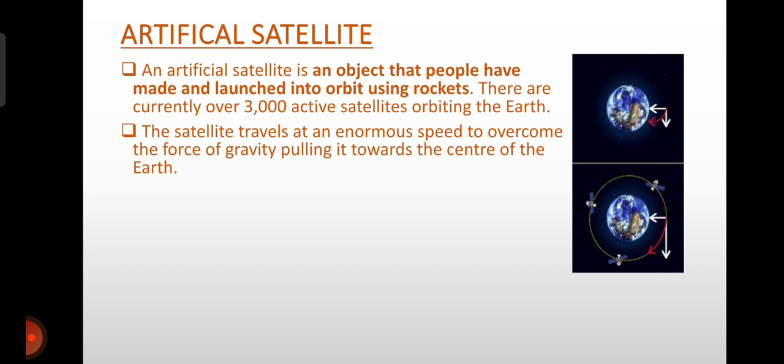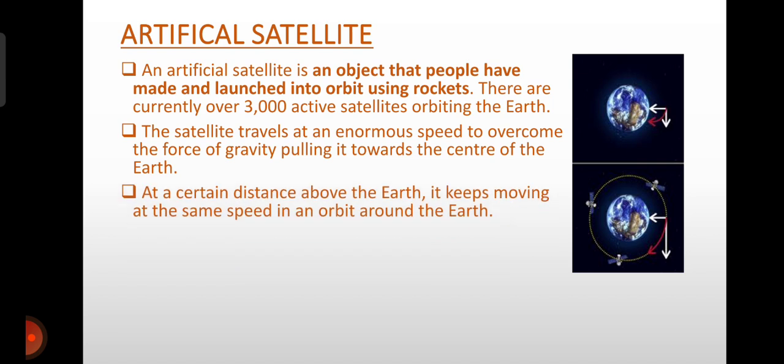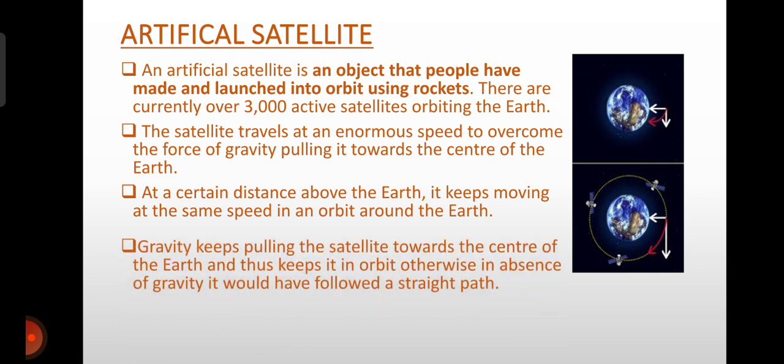The white arrow which is towards the Earth shows that Earth is exerting gravity pull on that satellite, because of which it is following a definite orbital path which is represented by the red arrow. At a certain distance above the Earth, satellite keeps moving at the same speed in an orbit around the Earth.